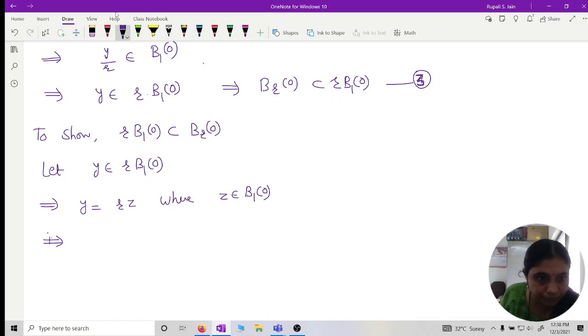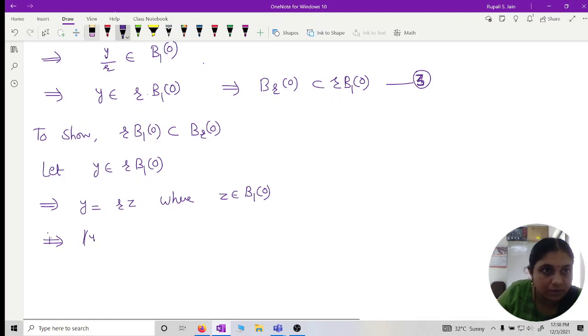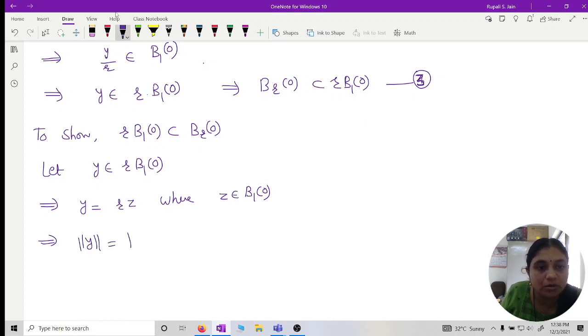But then what is the norm? Let me write properly. What does this imply? Norm of y is equal to norm of r times z. But what is norm of z?